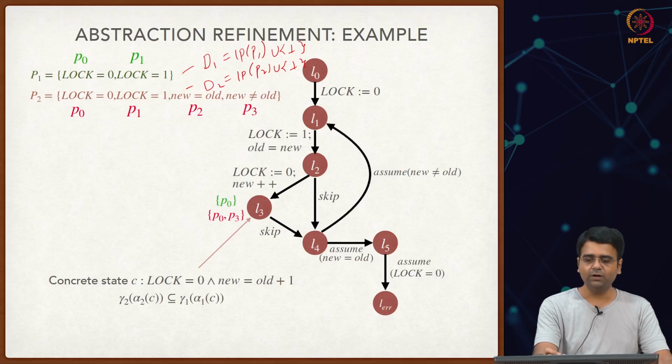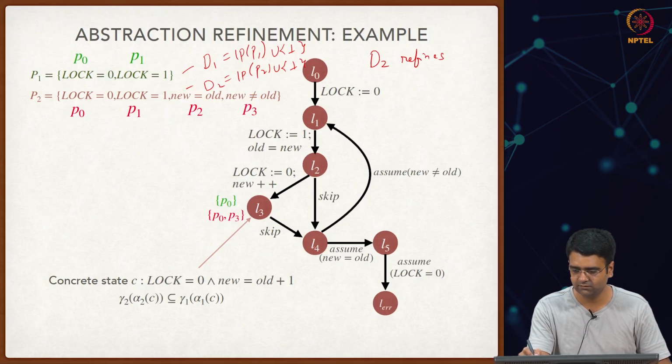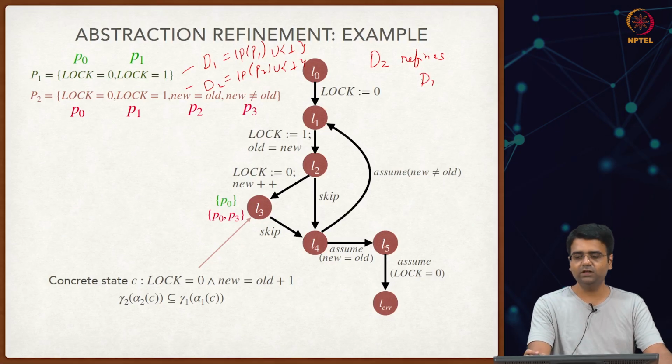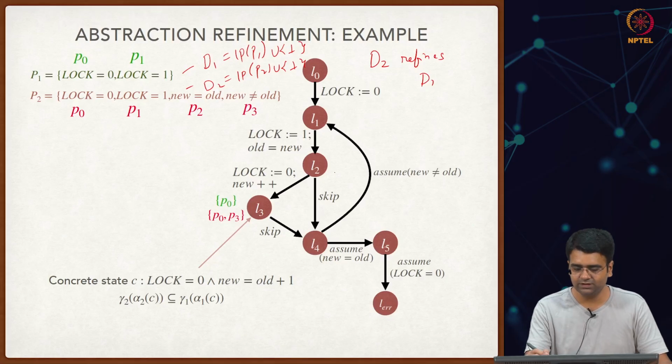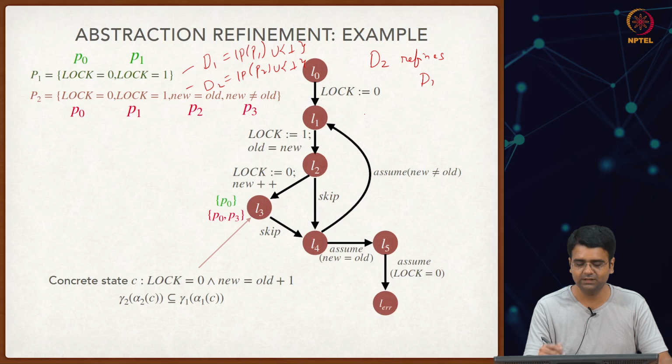I claim that D2 refines D1, meaning that D2 is more precise than D1. We have seen by applying abstract model checking that D2 gives more precise results: using D1 we were incorrectly showing that this program is not safe, but using D2 we were able to show that the program is safe.